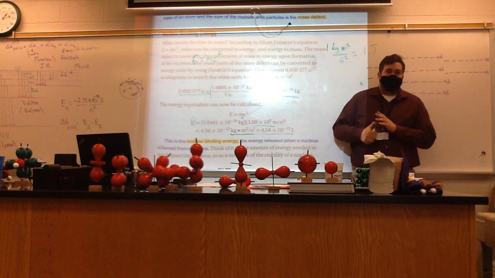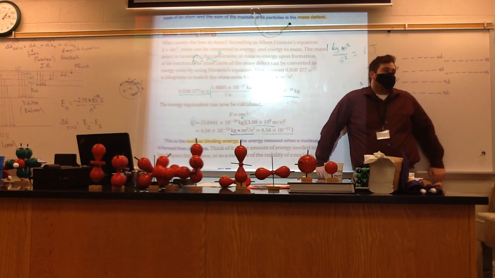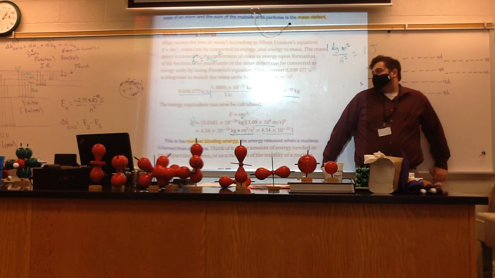Remember, we're in the MKS system, meters, kilograms, seconds, the fundamental units of the metric system. So anytime you plug into an equation, mass has to be in kilograms, length in meters, and time in seconds. That's why we have to convert AMUs to kilograms.